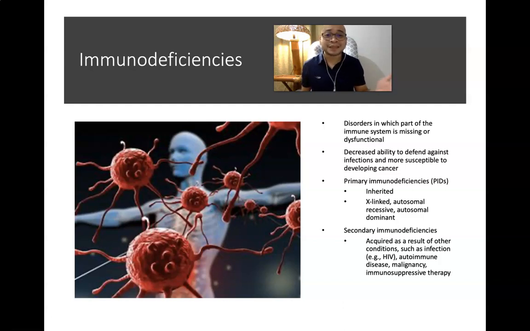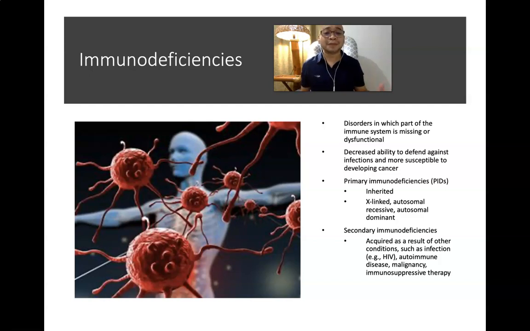It could be bacterial, viral, or fungal, or you'll be more susceptible to developing carcinoma or cancer. So that is the reason why being immunodeficient is a very challenging condition. It will really take a toll on our immune system.